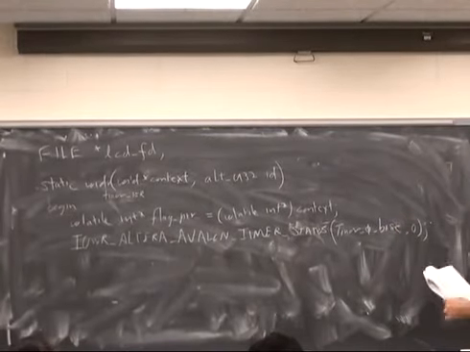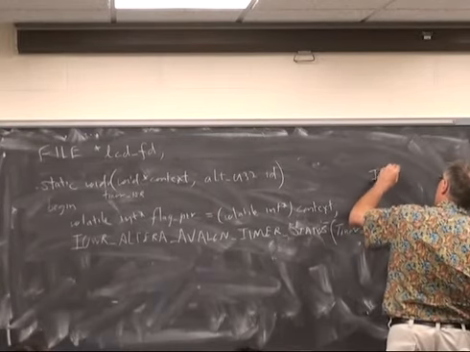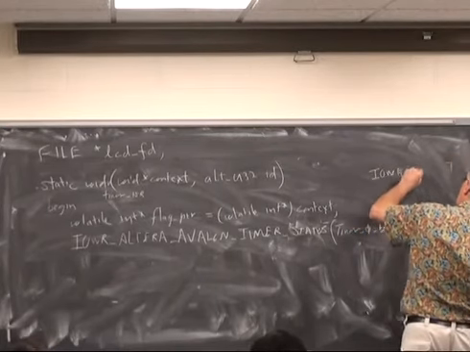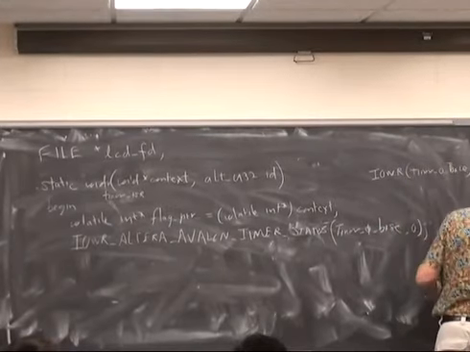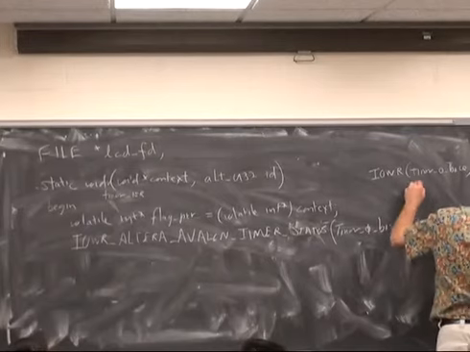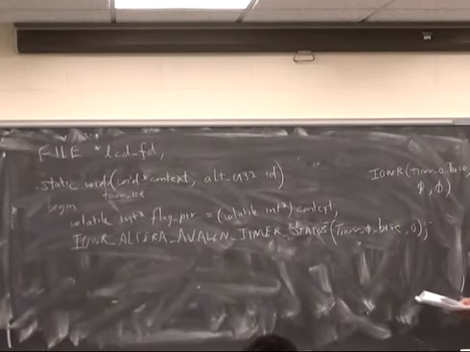Or we could just write instead IOWR, timer 0 base, offset 0, value 0. Which one would you write?